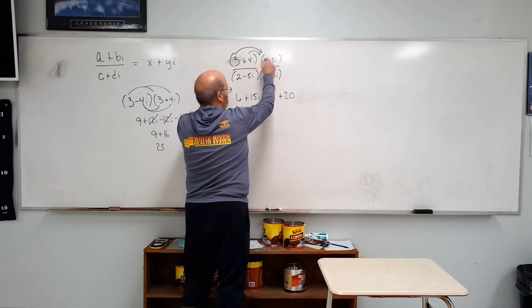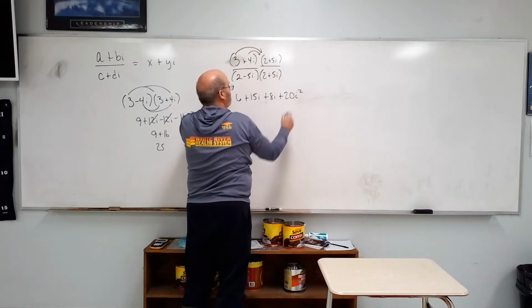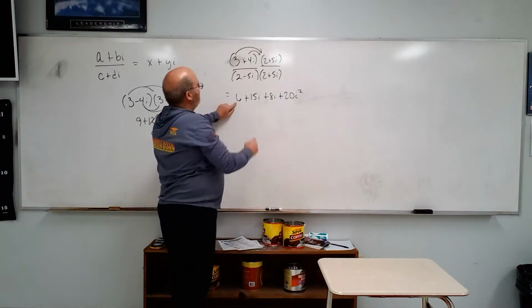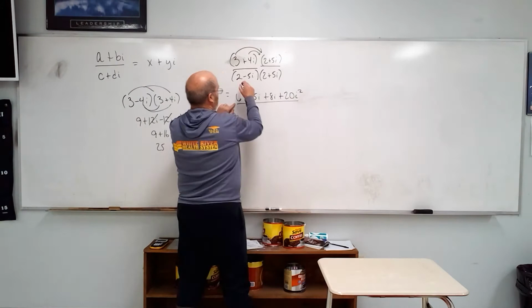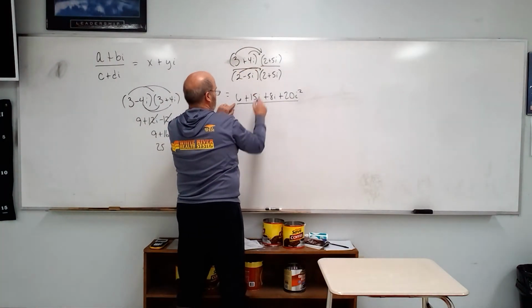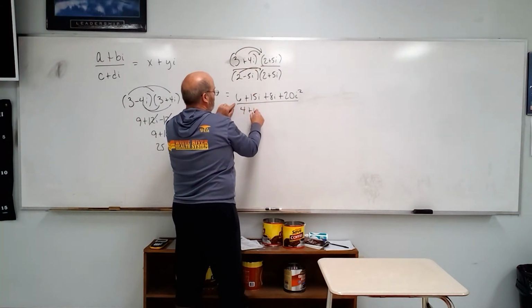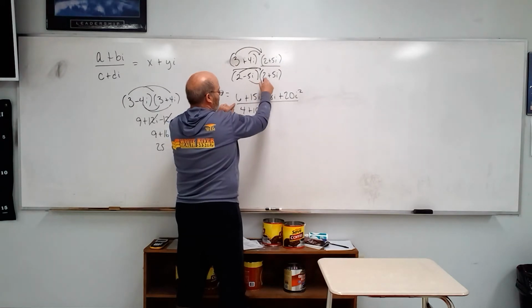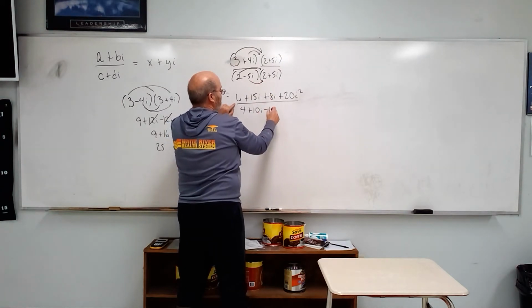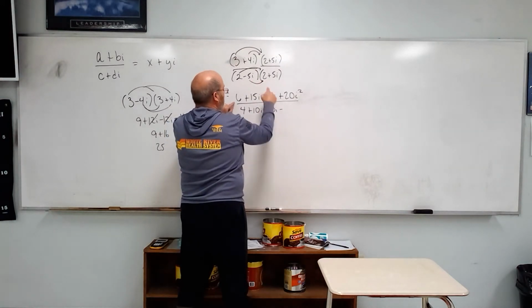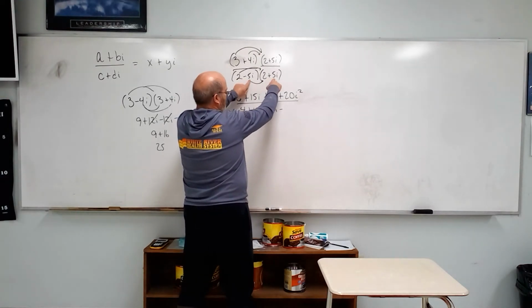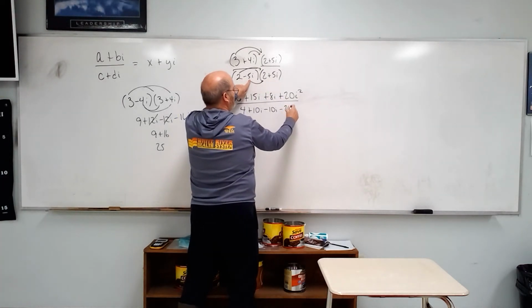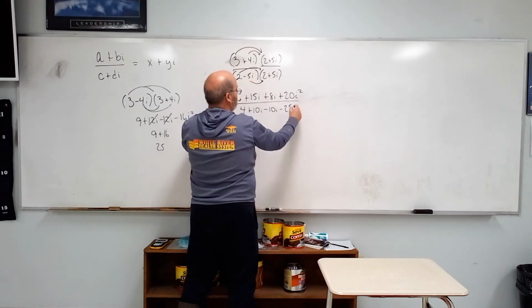And i times i makes i squared. In the denominator, when I distribute the 2, I get 4 plus 10i. When I distribute the negative 5i, I get negative 10i. And negative times positive, then 5 times 5 is 25. And i times i is i squared.